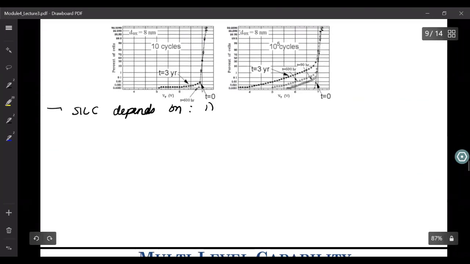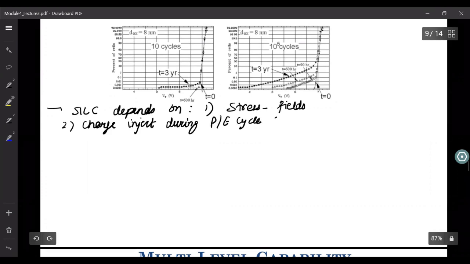What are those factors? The first factor is your stress electric field that you are exposing your tunnel oxides to. Then second, it depends upon the amount of charge that you inject during your program or erase cycle. Why so?